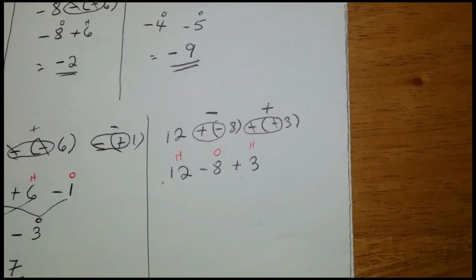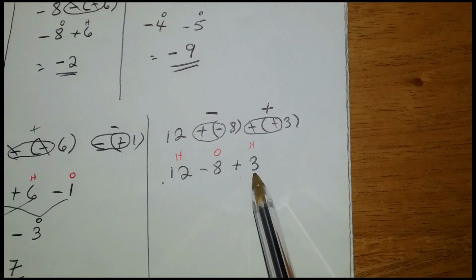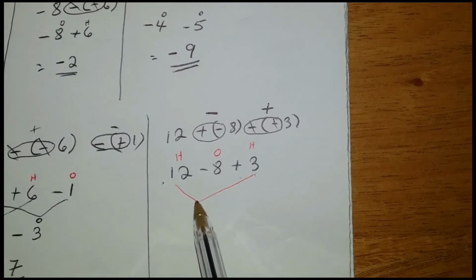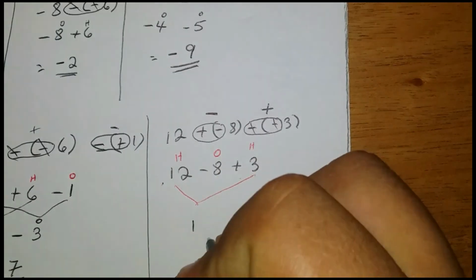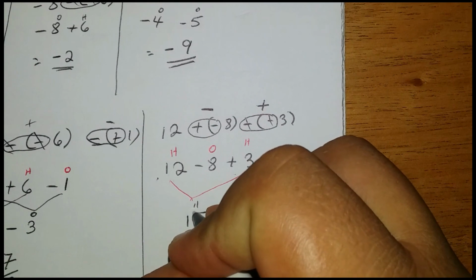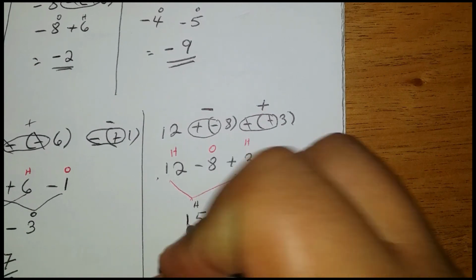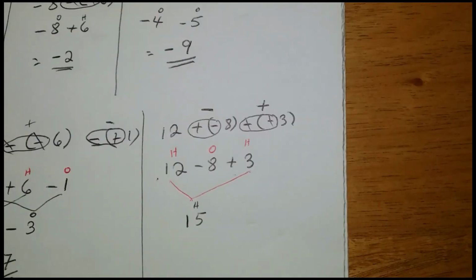So let me gather. How much do I have? In total, I have the 12 and the 3. If I add up the 12 and the 3, it tells me that I have a total of 15, right? So I have $15. How much do I owe?